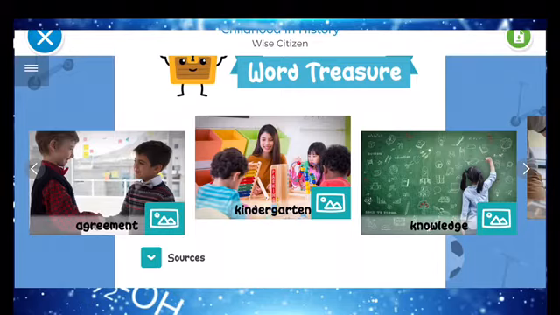This other word treasure is from wise citizens, so please pay attention, look at the image, and repeat if it's possible, okay? It says, agreement, agreement. Kindergarten, kindergarten. Knowledge, knowledge.